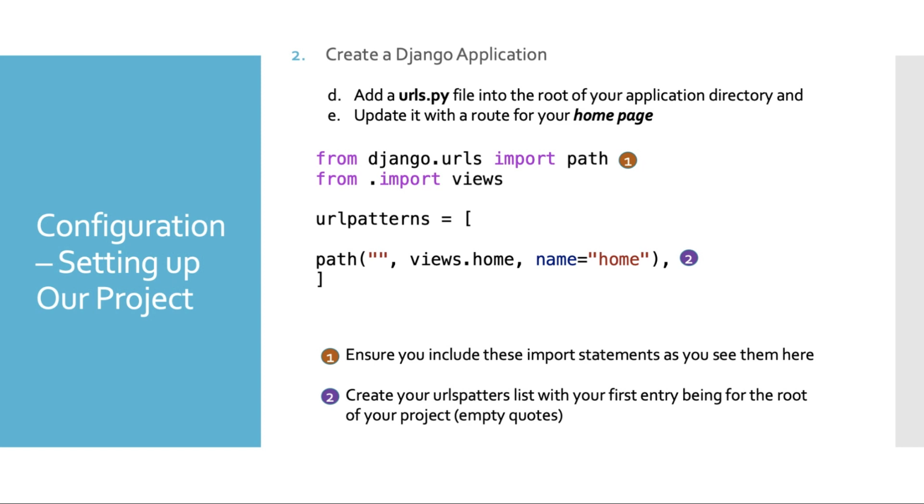You'll need these import statements: from django.urls import path, and from . import views. So those are our two import statements. Then we'll have our urlpatterns list, and we'll have one entry in there so far. By the time we're done, we're going to have several, 6, 7, 8, who knows how many. But path, quotes, comma, views.home, we'll call our first view for the home page home, and name equals home, in quotes. The second home is in quotes.